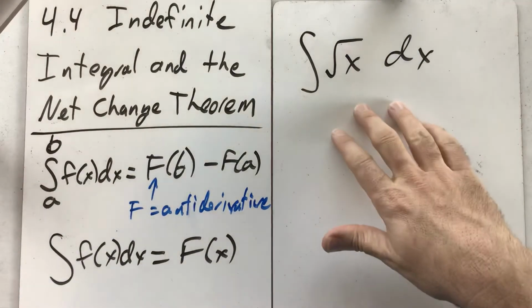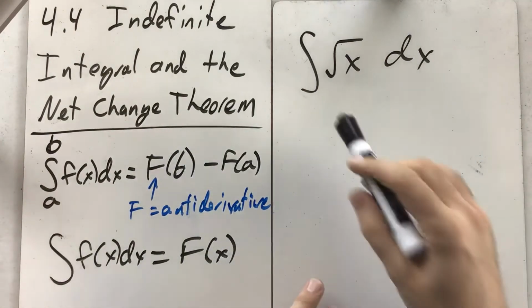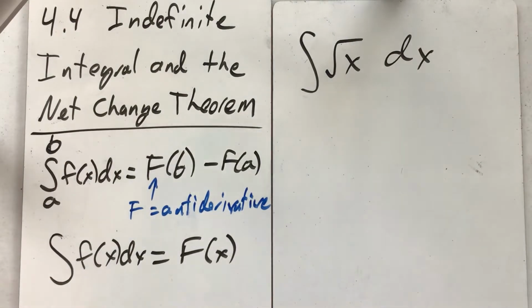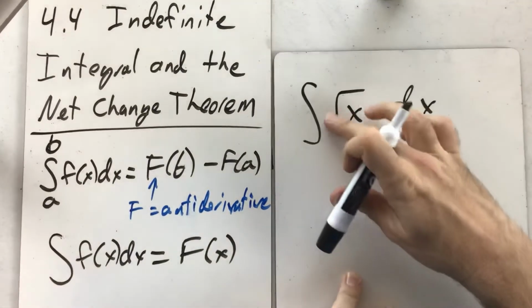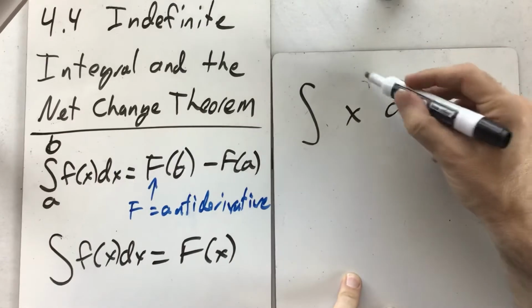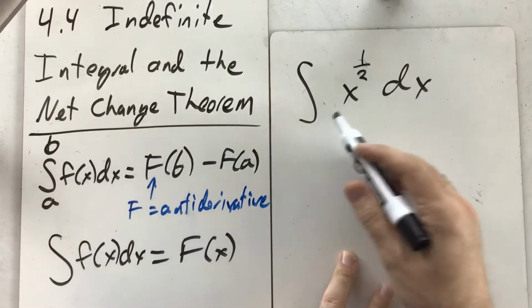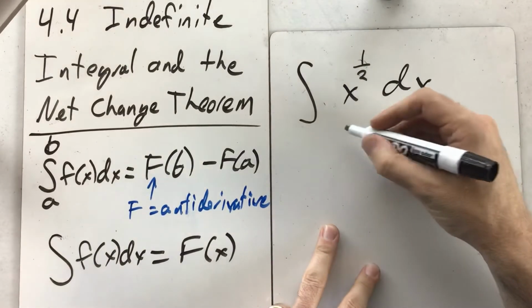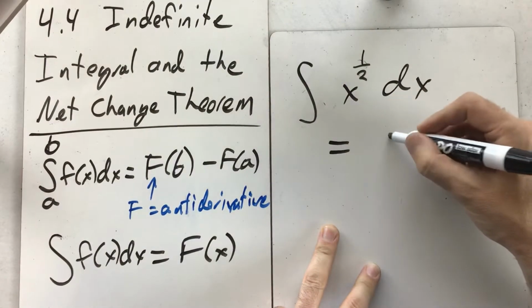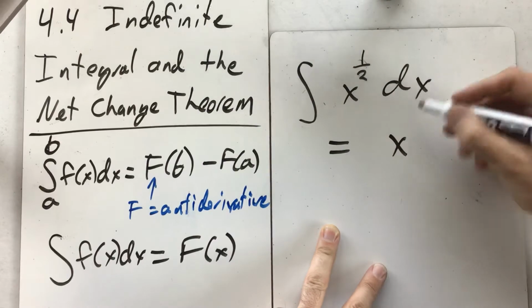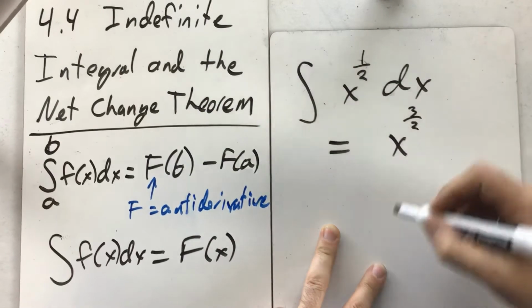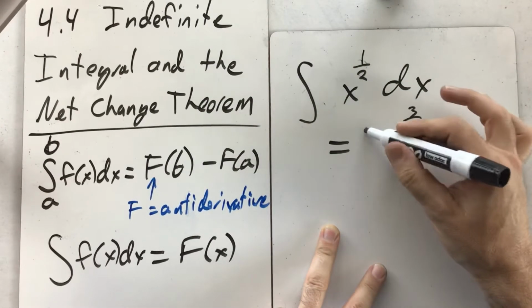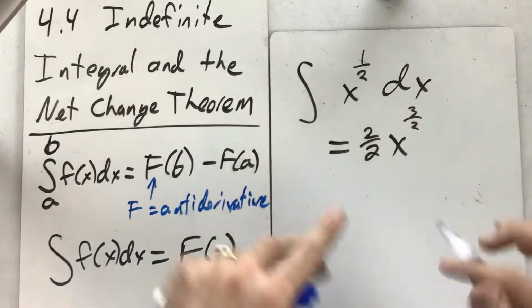So for example, if I want to do the integral of the square root of x, what do I mean when I do this problem? What I mean is: what is the antiderivative of x to the 1/2? We know that this is x to the 1/2 plus 1, so that's 3/2, and then 1 divided by 3/2, which is 2/3.